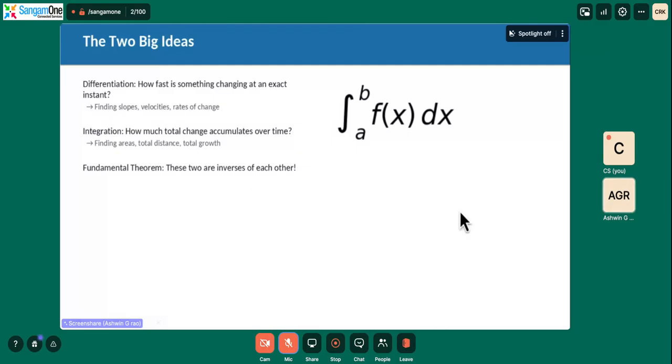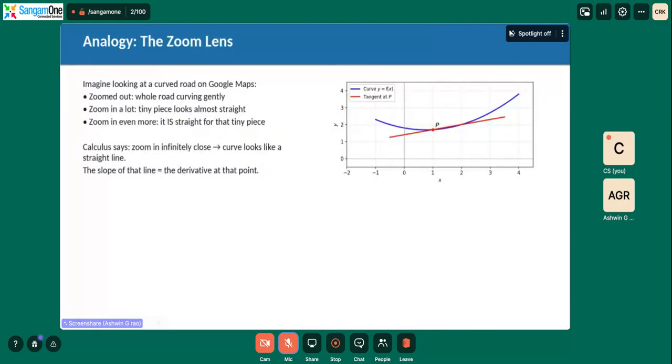As you can see here, this is the integration symbol. So the main topic is, if you imagine looking at a curved road on Google Maps, when you zoom out, the whole road curves gently.